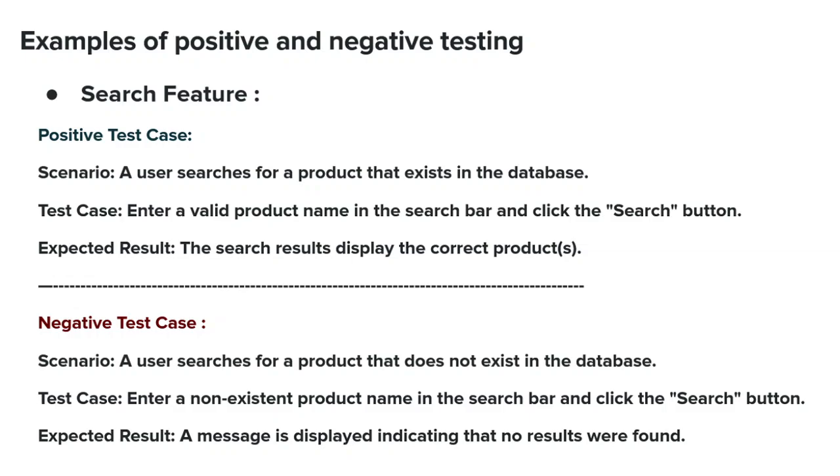Because testing only the positive scenarios will give you lots of errors if you don't check the negative scenarios. If you don't check the negative scenarios while testing, and the user tries to perform such actions, they will get an incorrect experience. So that's why we should always test positive test cases as well as negative test cases.